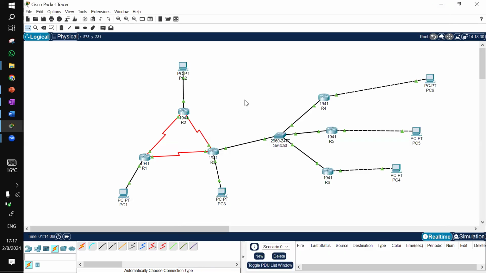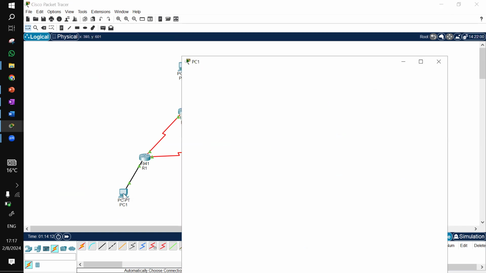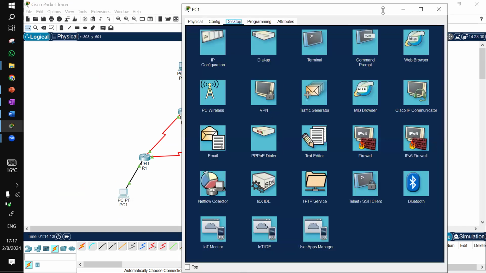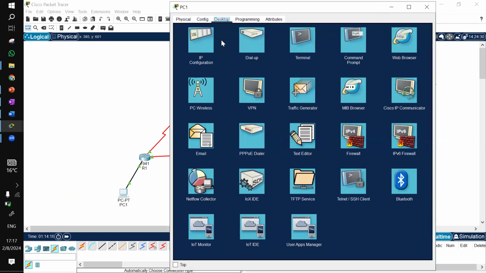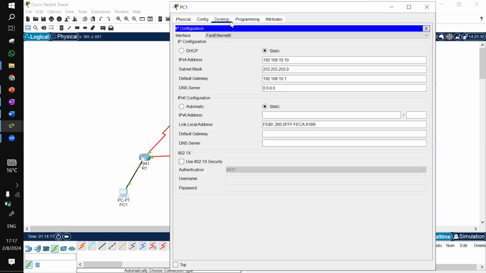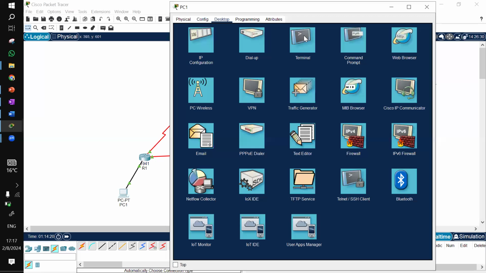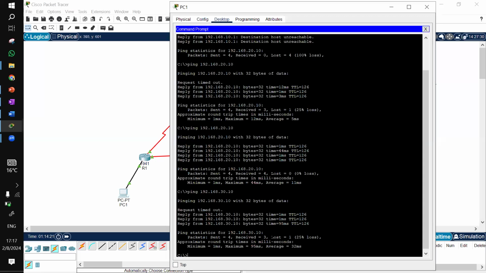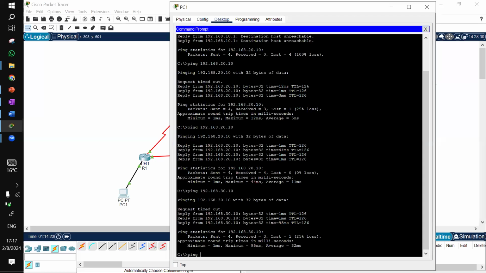Okay. Let me check if from PC1 I can ping PC number 6 right here. I know I cannot because the multi-access network is not being configured yet, but let me just do that. Ping, command prompt. Let's ping 192.168.40.10.